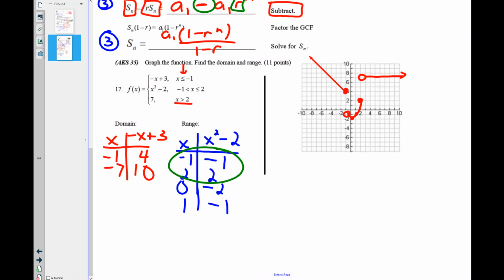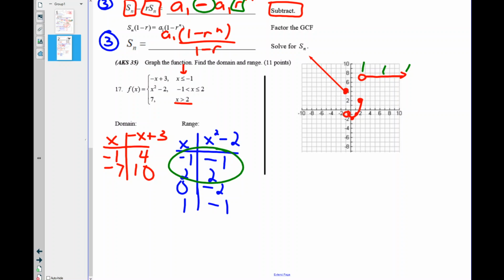And we do that. You got 1 point for putting the endpoint in the correct place and making it open. You got 1 point for the horizontal, and you have 1 point for putting an arrow at the end. So that's 9 points total. The question was worth 11 points.